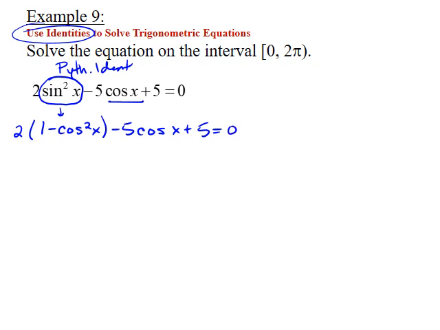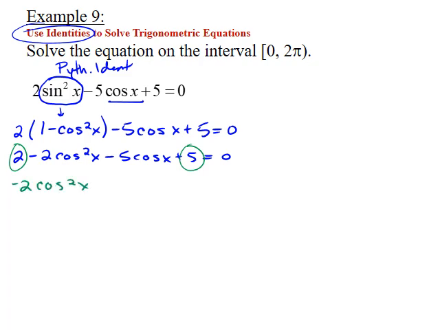If I distribute this 2, and combine like terms, I would prefer to have my leading coefficient be positive, so I'm going to divide everything by -1.